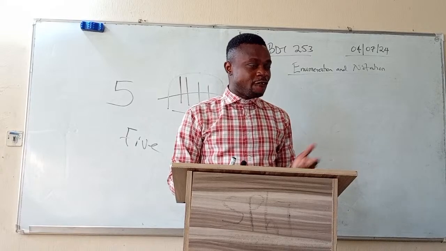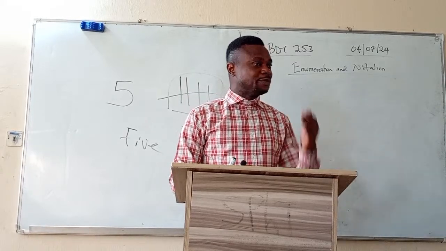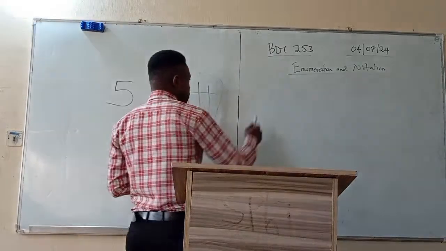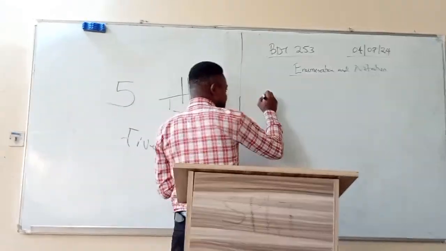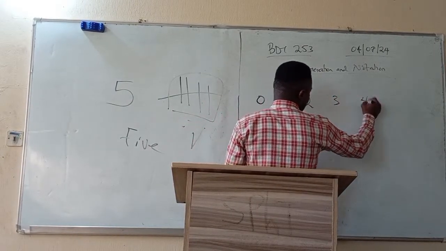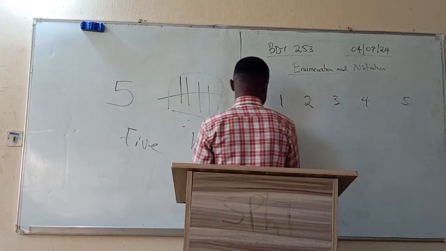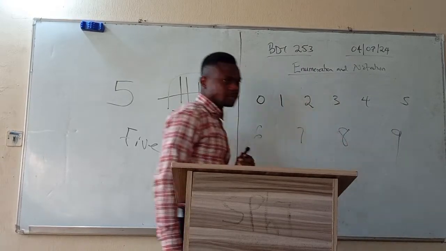Order. Now, of course, we know when it comes to Arabic numeral, the building blocks are 0, 1, 2, 3, 4, 5, 6, 7, 8, 9.